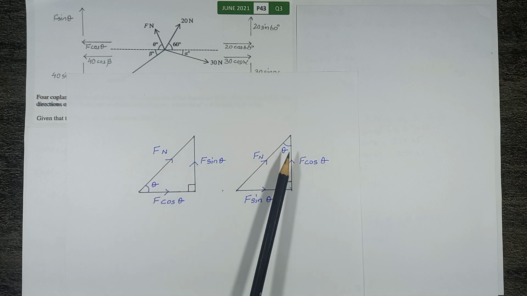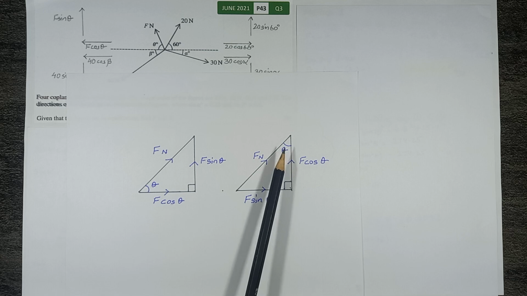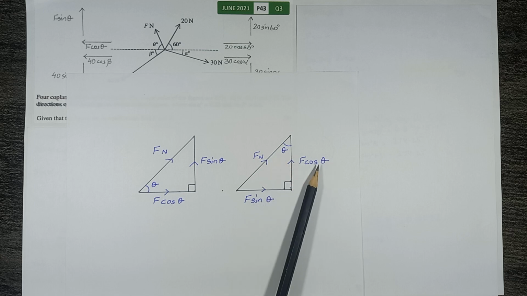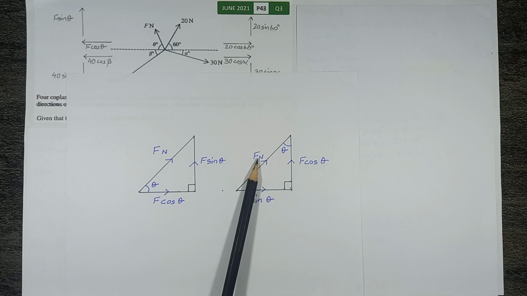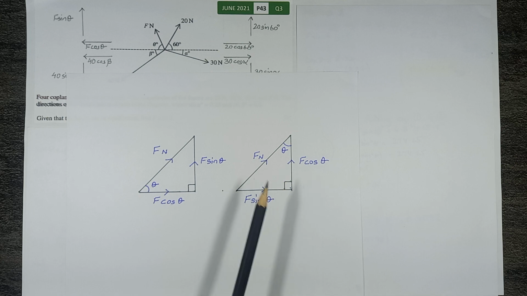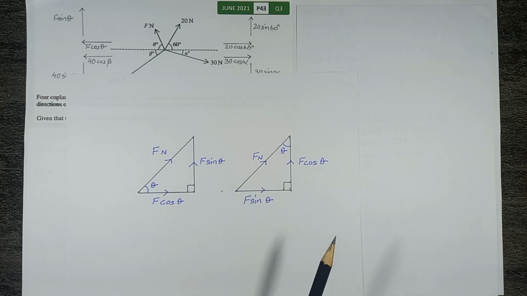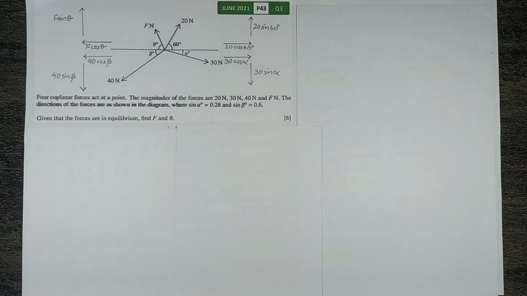But for example, if the angle is over here and that is given in the diagram, then the side next to that angle would be a cos component of this particular force and the opposite would be a sine component of that force. So it is not necessary that the horizontal component is always a cos component. It depends upon the angle.